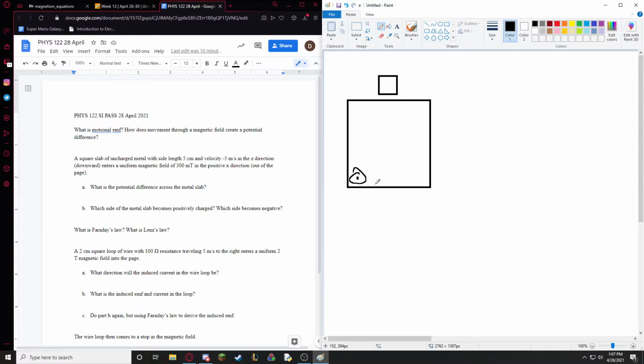So what's going to be the potential difference across the metal slab, and which side of the metal slab is going to be positively charged, and which side is going to be negative? Let's take like 4 or 5 minutes, then we'll talk about it. Usually redraw this like this.